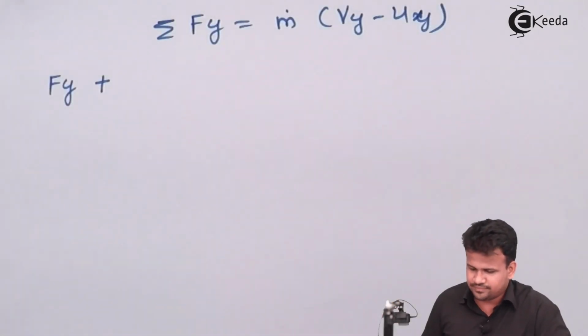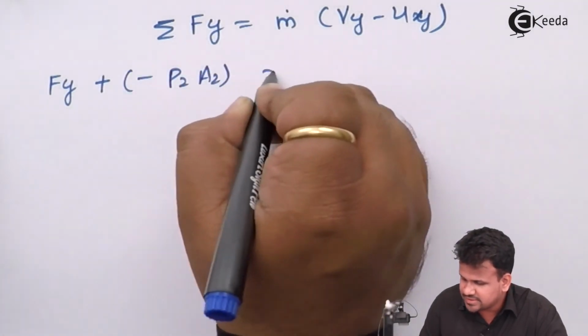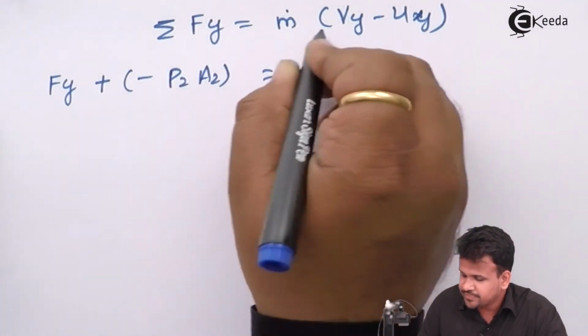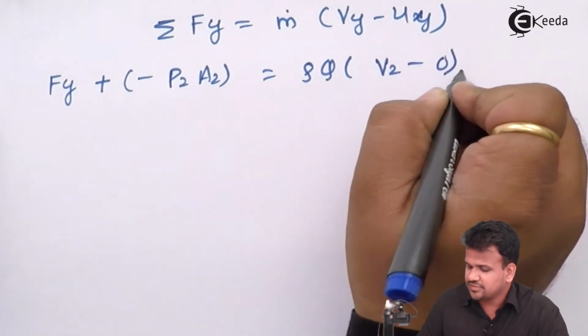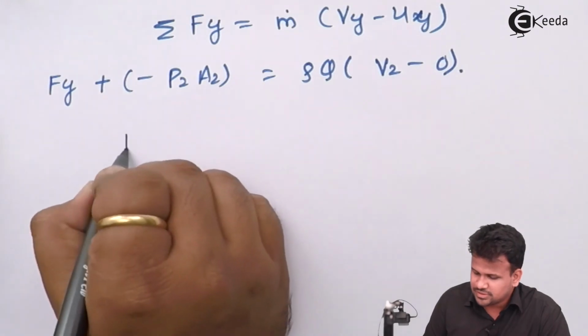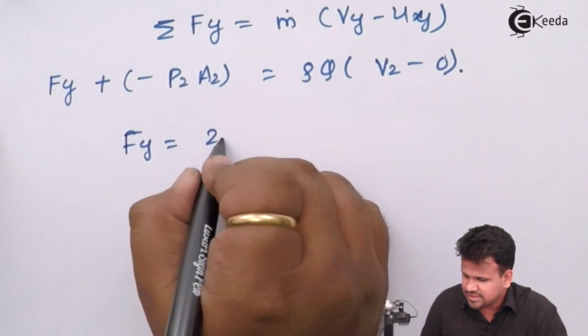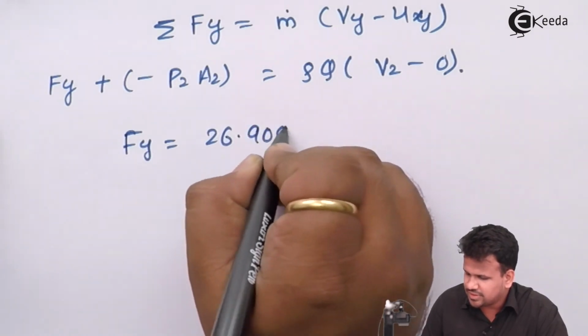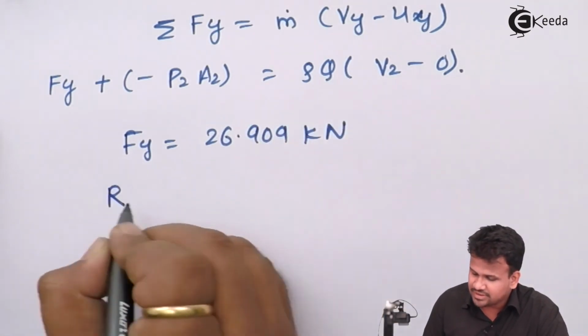So this is minus P2 A2 is equal to rho into Q into final velocity, that is V2, minus initial velocity, that is 0. So Fy on evaluation will be 29.909 kilonewton.